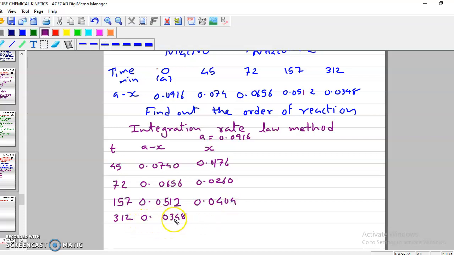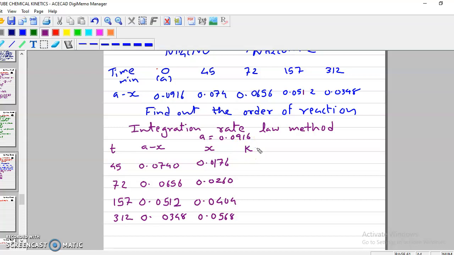And 0.0916 minus 0.0348 is equal to 0.0568. Okay, so these are x at different times.